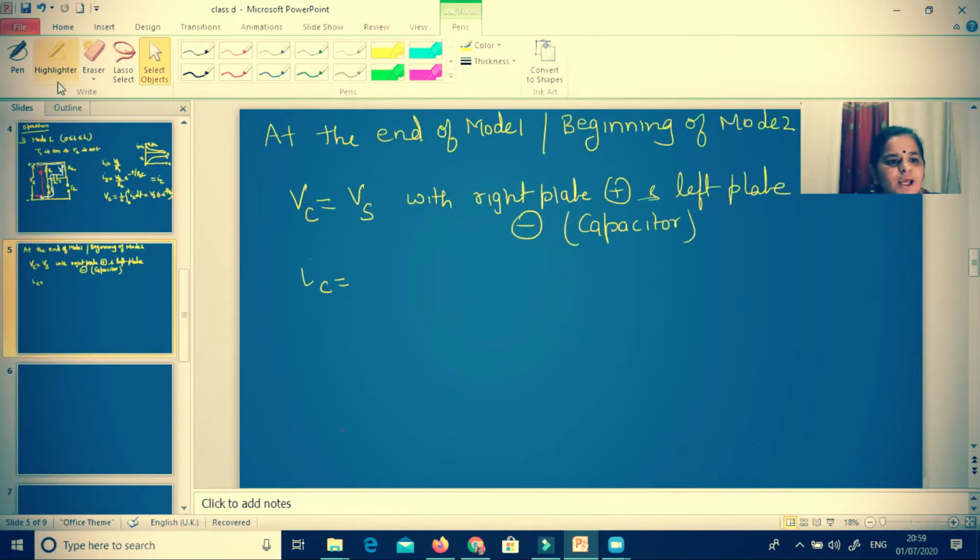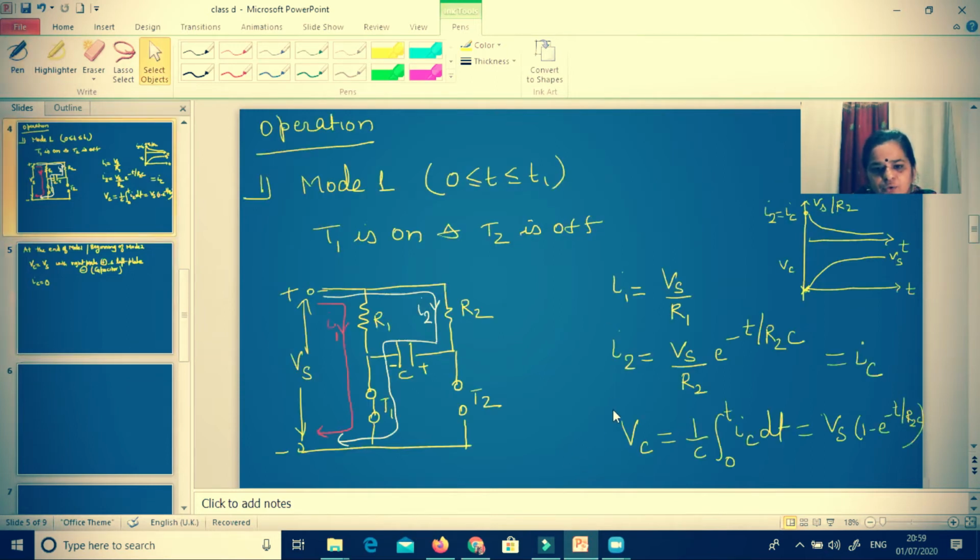So the charging current at the end of mode 1 will be 0. Now, one more thing I want to tell you: as I1 and I2 both are flowing through T1, what is the value of IT1? That is I1 plus I2. I1 is Vs by R1 and I2 is Vs by R2 e to the power minus t by R2C.